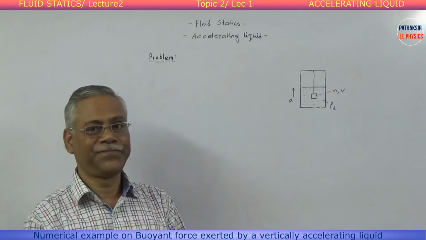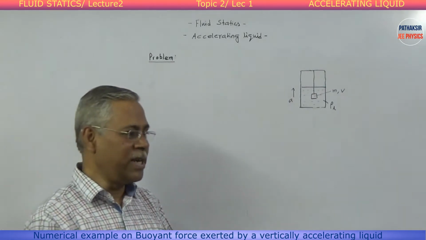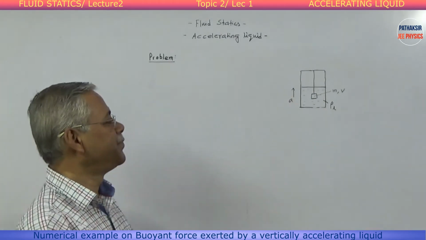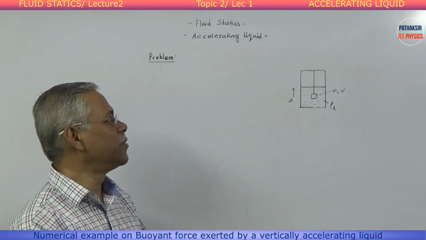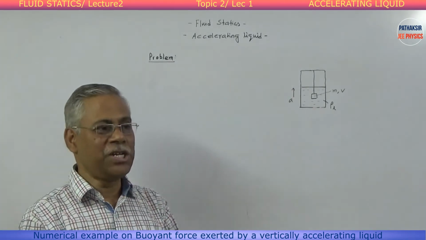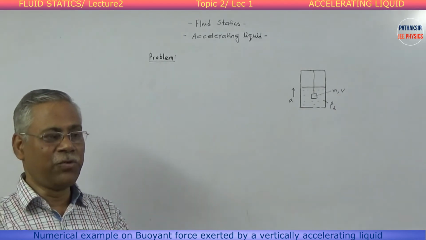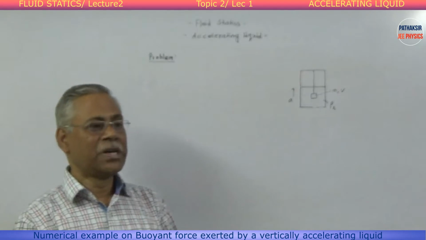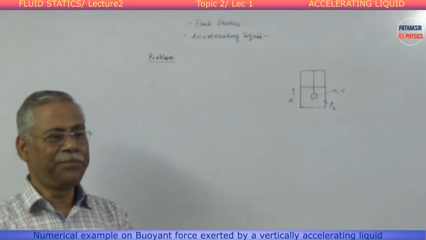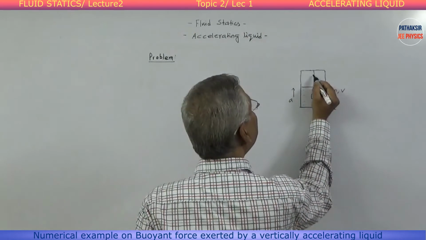From its ceiling, a block of mass M is suspended, which is immersed in a liquid of density rho L. Find the tension in the suspension thread. So you have to find the tension in this.